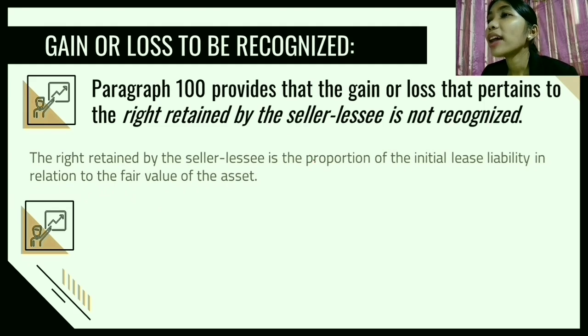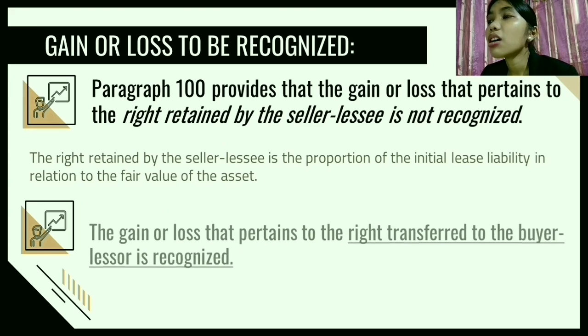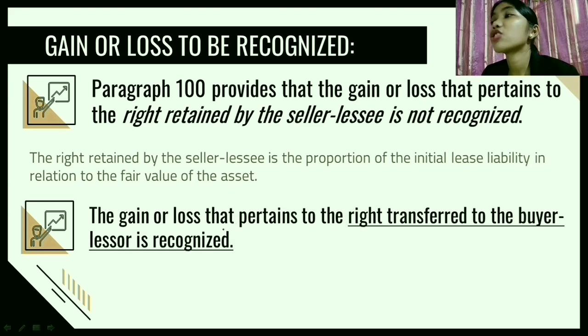So, what if naman dun naman po tayo sa right transfer to the buyer-lessor? So, yung gain or loss that pertains to the right transfer to the buyer-lessor is recognized. So, ang pinagkaiba po nila, yung right retained by the seller-lessee, hindi po natin siya nare-recognize yung gain or loss doon.